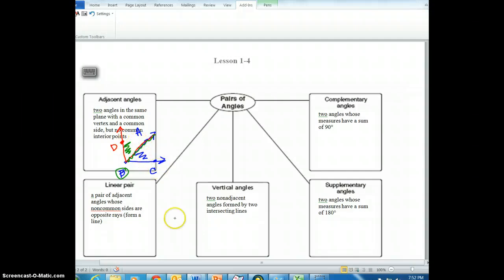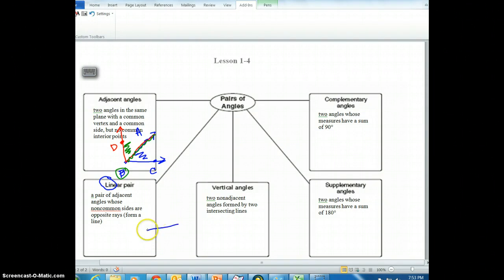That's adjacent angles. There's a special type of adjacent angles called a linear pair. Notice the word linear has the word line in it. So it will be two angles forming a line. It's a pair of adjacent angles whose non-common sides are opposite rays. So in this picture, I'll draw it as best I can.